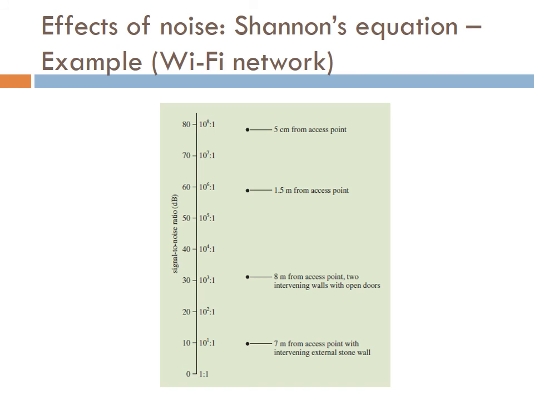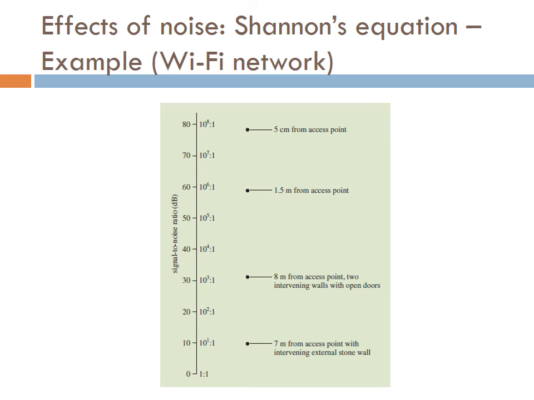So if we are 7 meters far from the access point with an intervening external stone wall, the signal to noise ratio has relatively low values, between 1 and 10.